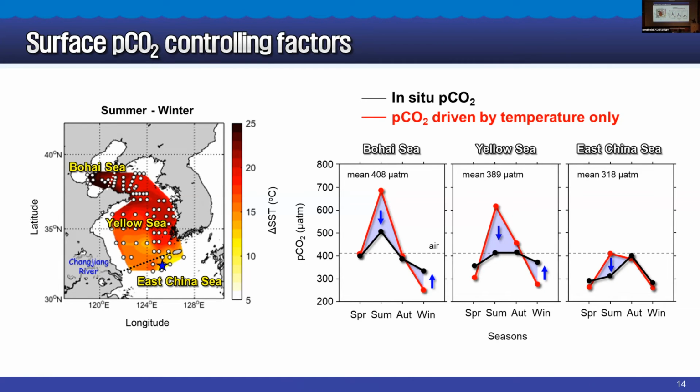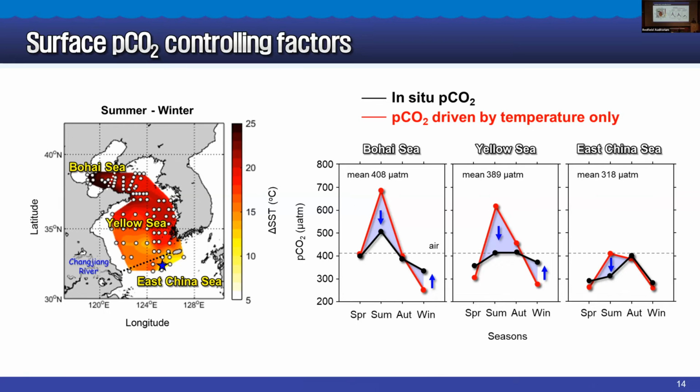During the cooling period from summer to winter, surface pCO2 generally follows the temperature-driven pCO2, but only not as much as the pCO2 changes expected from the temperature changes.